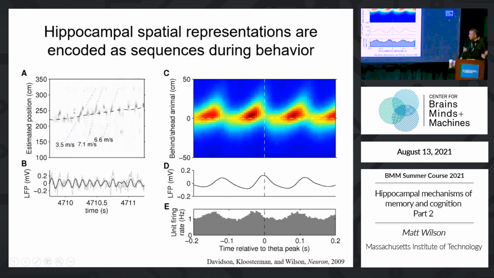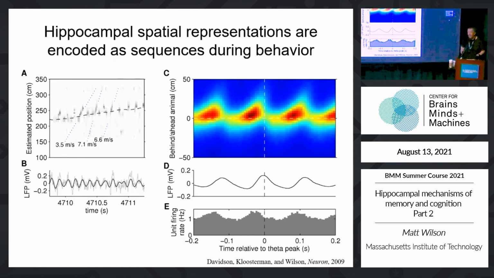The grayscale shows the decoded probability of being at a position relative to the animal. So the hippocampal code goes from just behind the animal to just in front of the animal. Ten times a second, the hippocampal code sweeps from just behind the animal, in this case by something like 60 centimeters, to just in front of the animal.